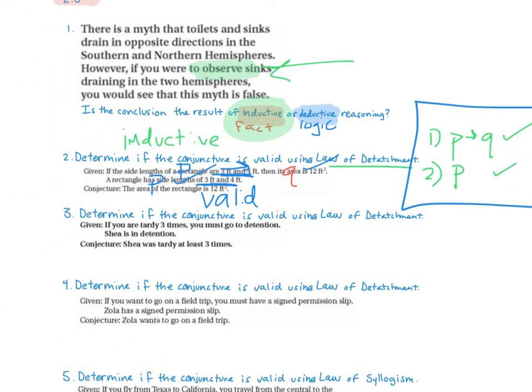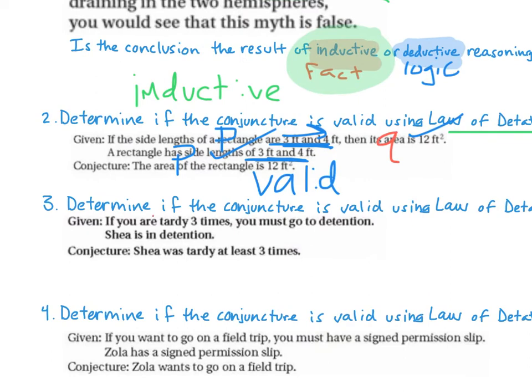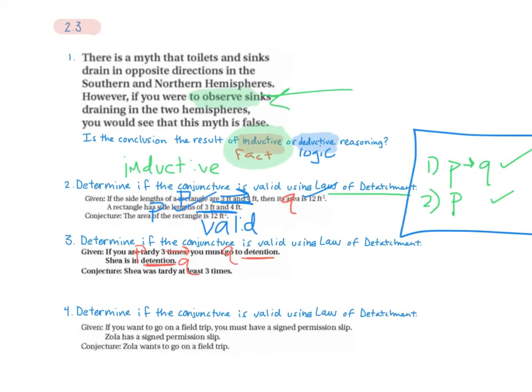So now let's look at number 3. If you are tardy 3 times, this would be our P, then you must go to detention. And this is our Q. Shay is in detention. So we see the word detention again, which we saw in the Q. So this would be our Q. So now we have P then Q and Q. But we don't have our P then Q and P. So we're missing this step.